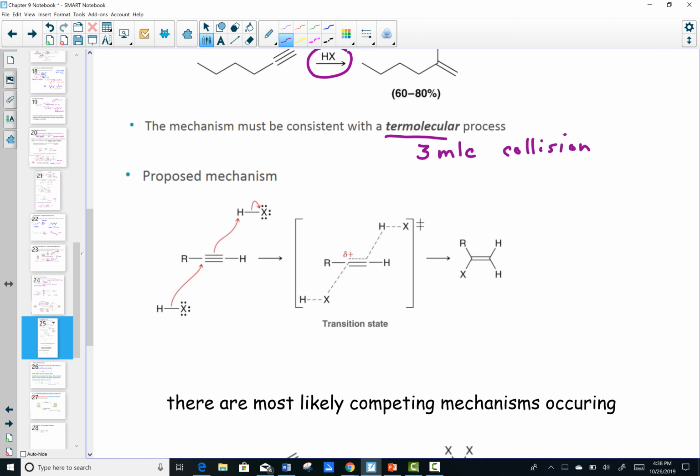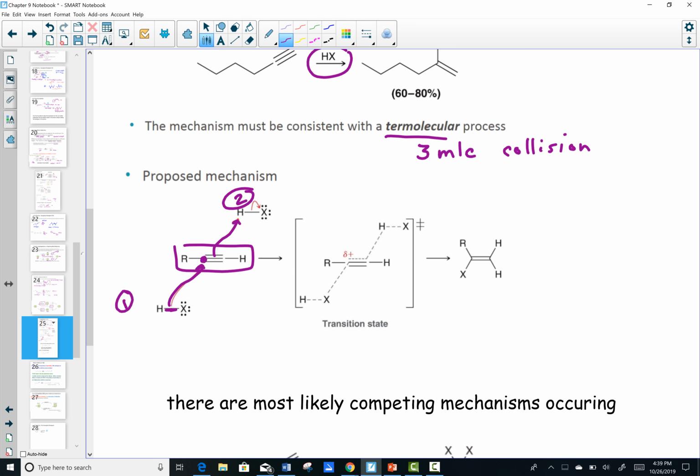So here's the proposed mechanism. Notice that we're seeing a transition state. So that means that it's like a concerted one-step mechanism where one unit of our hydrohalogen, this single bond, is reaching to the first carbon in the triple bond. At the same time, the pi bond is going to abstract the proton from the second group of the hydrohalogen. But I have two groups, second order with respect to HX, and one substrate.